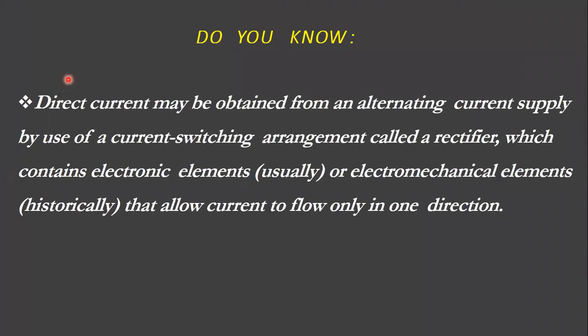See children, do you know that the direct current may be obtained from an alternating current supply by the use of a current switching arrangement called the rectifier, which contains electronic elements or electromechanical elements that allow the current to flow only in one direction.